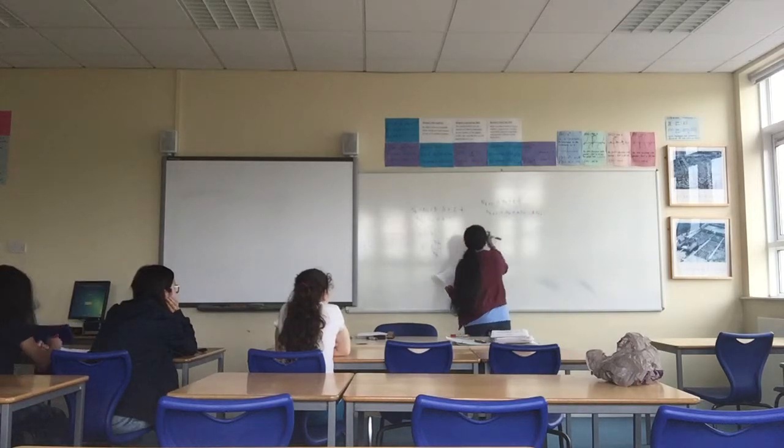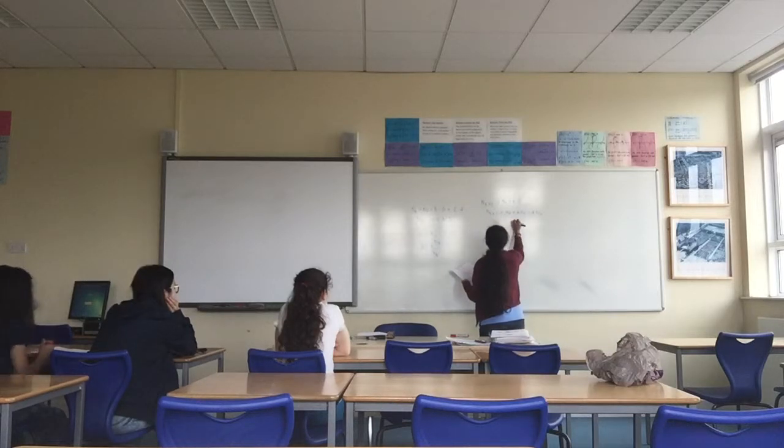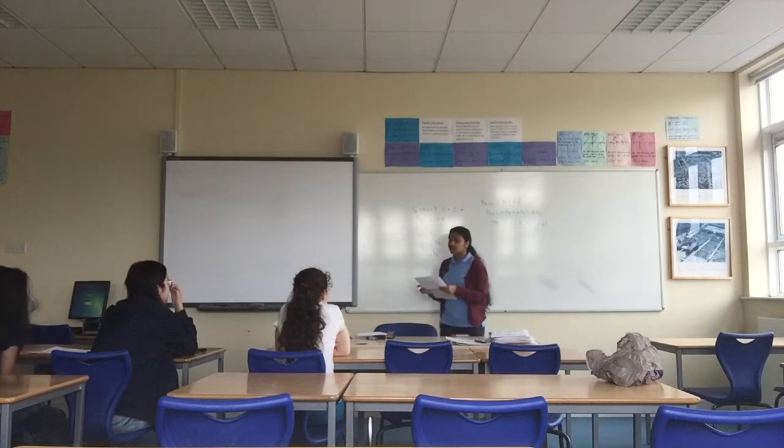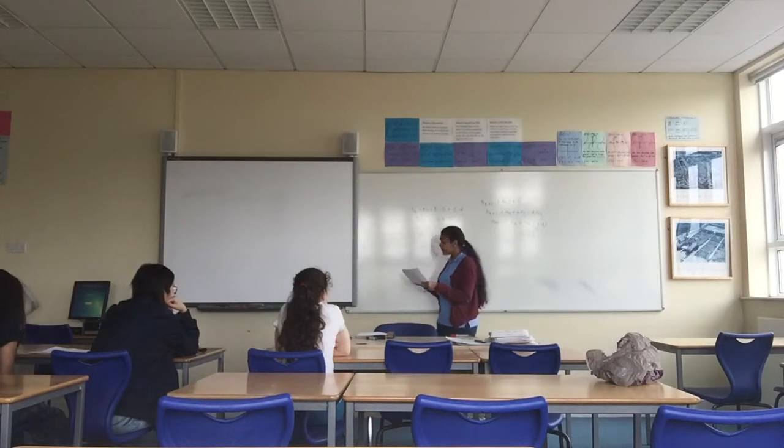From here, we can factorize these equations to become NT plus NT (b minus d), and this is R, which is the geometric rate of increase.